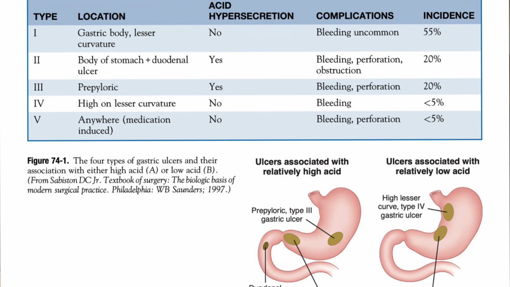The third type of complication of peptic ulcer disease is obstruction, and this occurs most commonly on a type 2 ulcer. When you have an obstruction around the pylorus, then you either have to do a resection followed by a reconstruction, which I had mentioned from above.